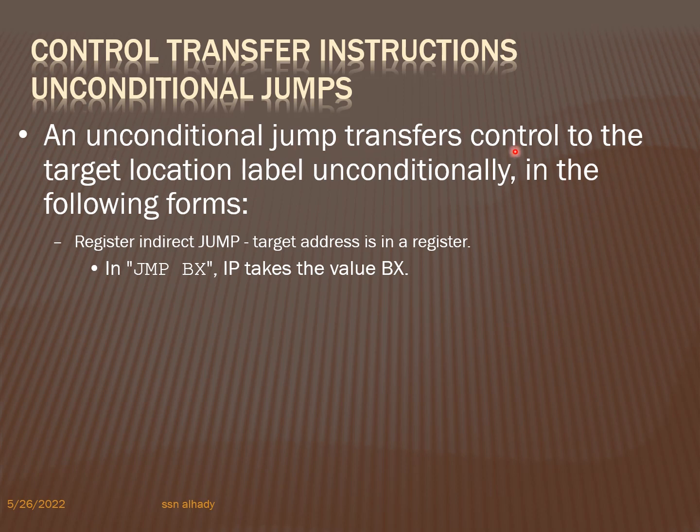An unconditional jump transfers control to the target location label unconditionally in the following forms. Register indirect jump: the target address is a register. So jump BX, IP will take the BX value.